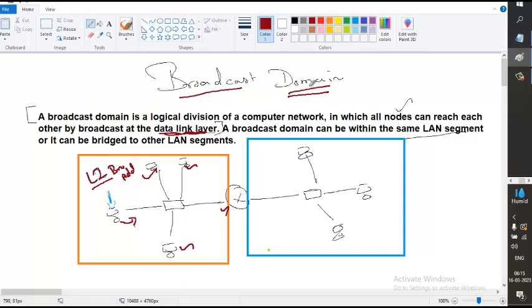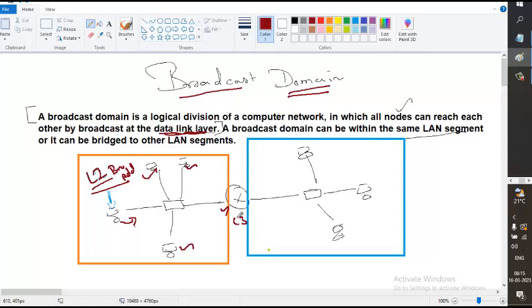Domain means control, broadcast control. When the broadcast packet is sent, it is received by this, but it cannot go like this. Why? Because the router is a layer 3 device.